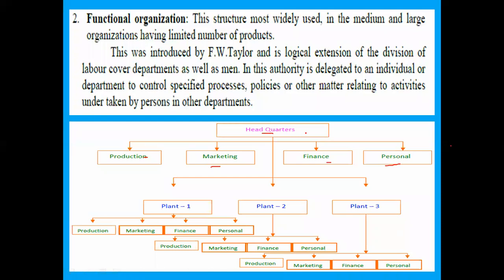So here we are having some flexibility when compared to the functional organization, right? If we take headquarters to plant 1, plant 2, plant 3, the same process comes to plant 1, plant 2 and plant 3. So here some people are responsible to some people.